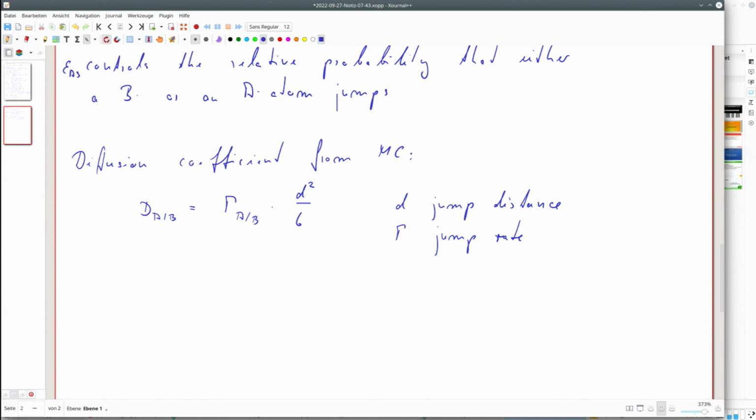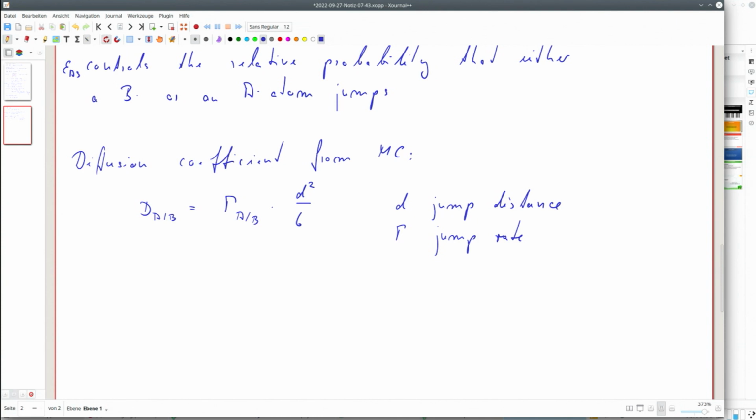By the way, this factor 1/6, I don't know whether you're familiar with it, it's twice the dimensionality of the system. So in a three-dimensional system, it's 6, in a two-dimensional, it's 4, in a one-dimensional, it's 2. It has nothing to do with the number of next neighbors.